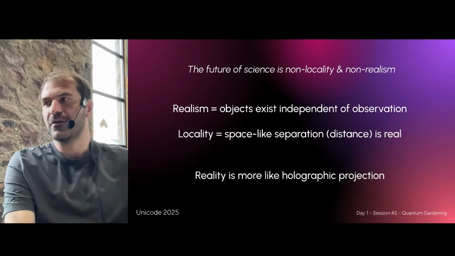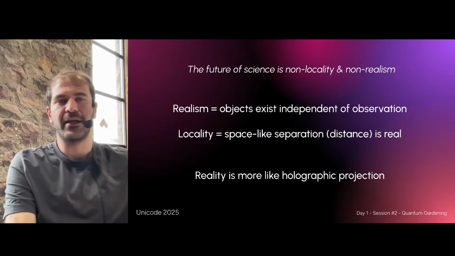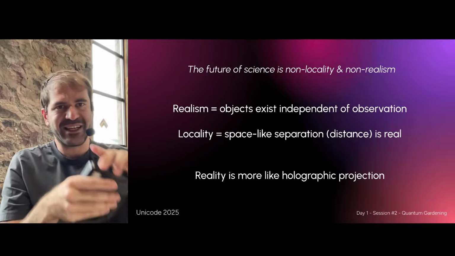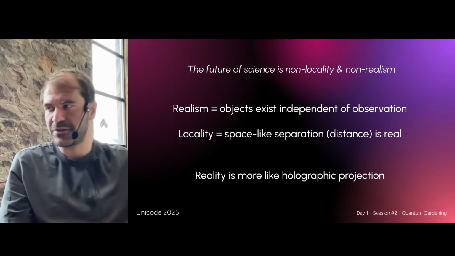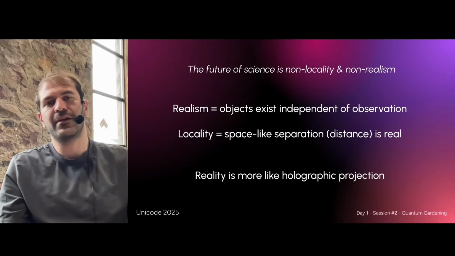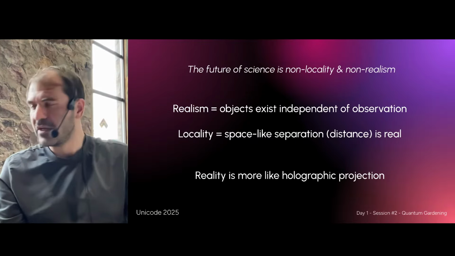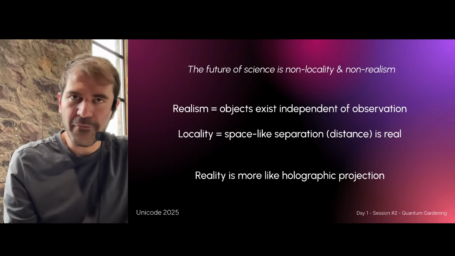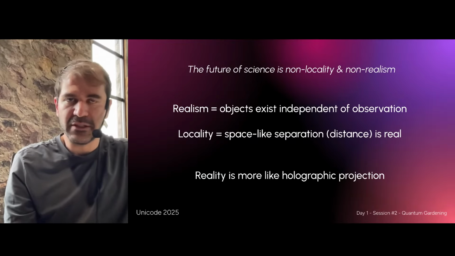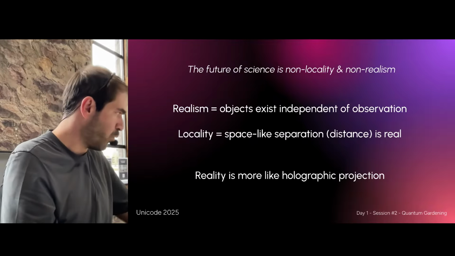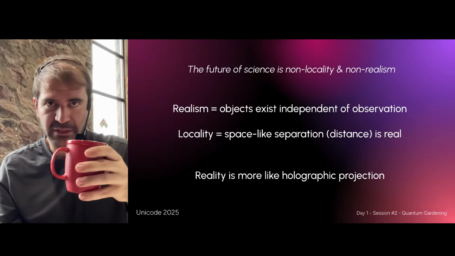So the future of science is non-locality and non-realism. Realism is that objects exist independently of observation, and locality is that space-like separation and distance is real. So, for example, the coffee mug behind me right now does not exist until I decide to render it and holographically warp it into my appearance and existence.